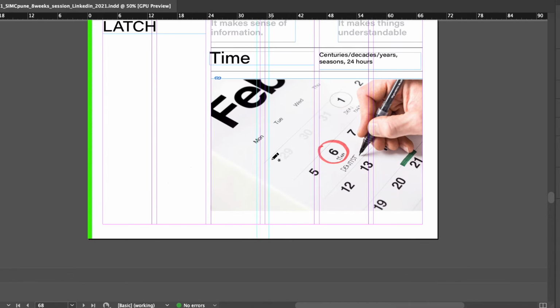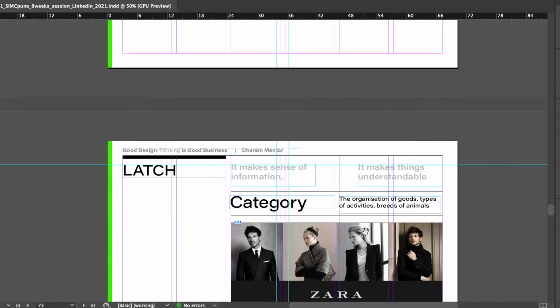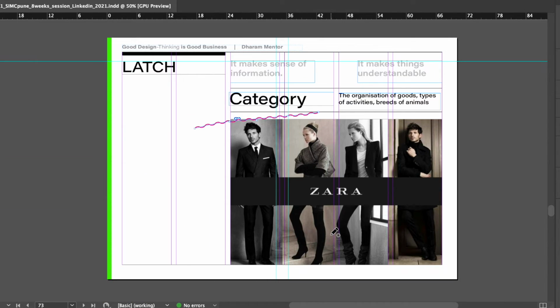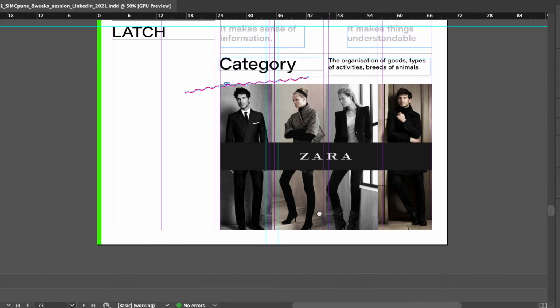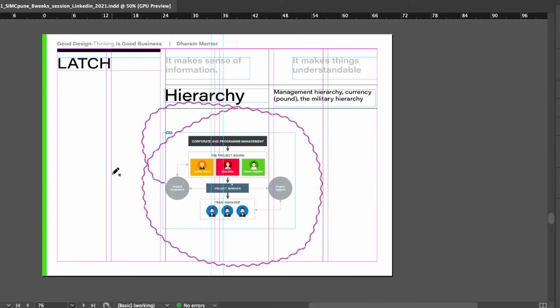Time is another aspect; according to that, you can organize your data. And category is very much evident whenever you walk into any tailor shop: you can see clearly men's, women's, and children's clothing. That's again category used extensively. Hierarchy is another effective way in which you can organize information.